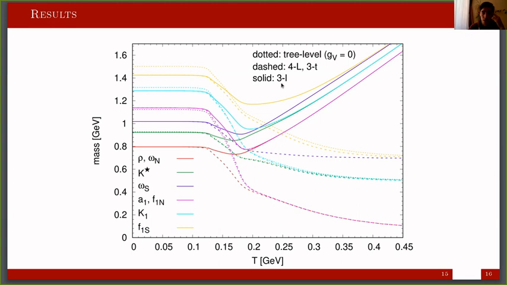On the 3 longitudinal mode that get a similar thermal correction as the scalars and pseudoscalars.